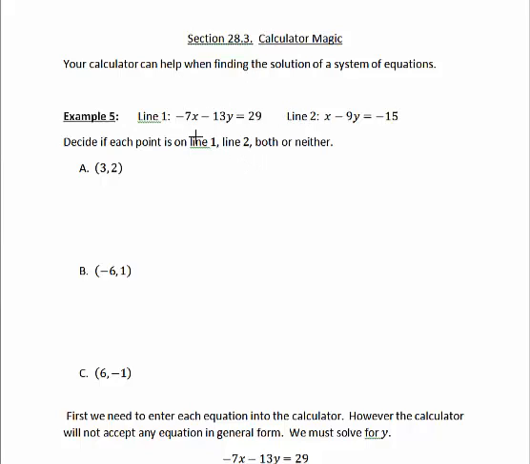Okay, so instead of grinding it out, calculating one side, plugging in the x and y, and seeing if it matches the left or right hand side, which may be quicker if we only had one point to check, one ordered pair, but we have several. And so an easier way is to use our calculator. But first, what we have to do is put these lines in slope-intercept form.